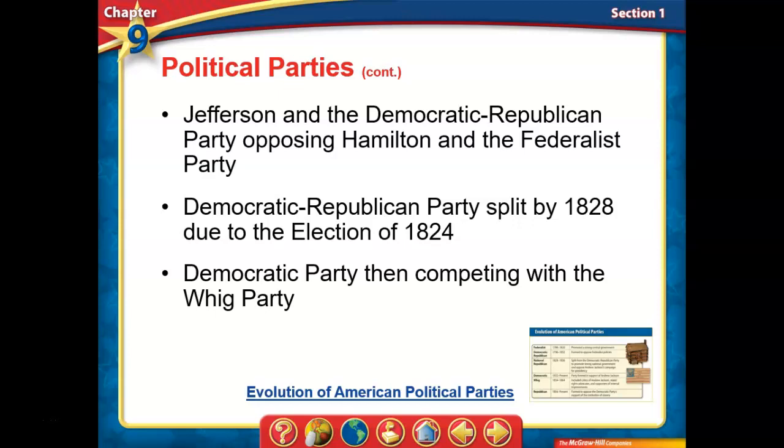Now, in 1800, when Thomas Jefferson and Aaron Burr win the presidency and the vice presidency, the Federalists kind of go to the wayside, especially after the War of 1812. They were really just looked at as the losing party, and the Democrats were the ones in power. So that's known as the era of good feelings, where there's just one political party.